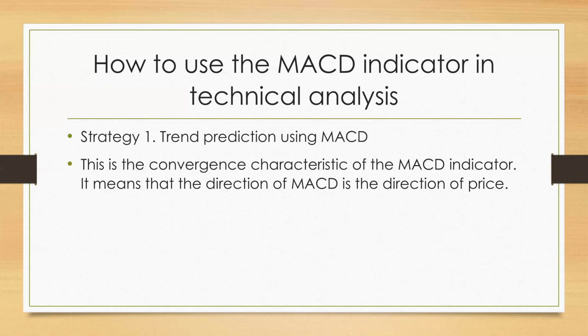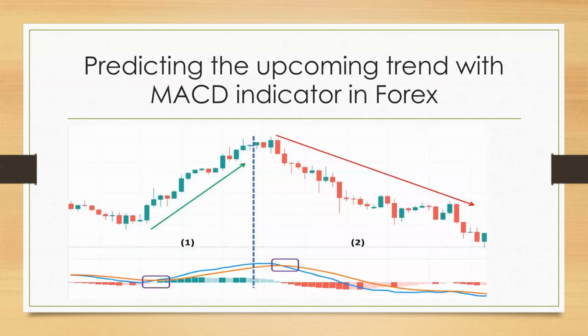Remember I said when I jump, you point up, we are walking together, right? We are in convergence. If when I jump up, you're pointing down, we are away from each other, we are not synchronizing, so we are in divergence. So for the convergent characteristic of the MACD, it means that the direction of the MACD is the direction of the price. You see that here.